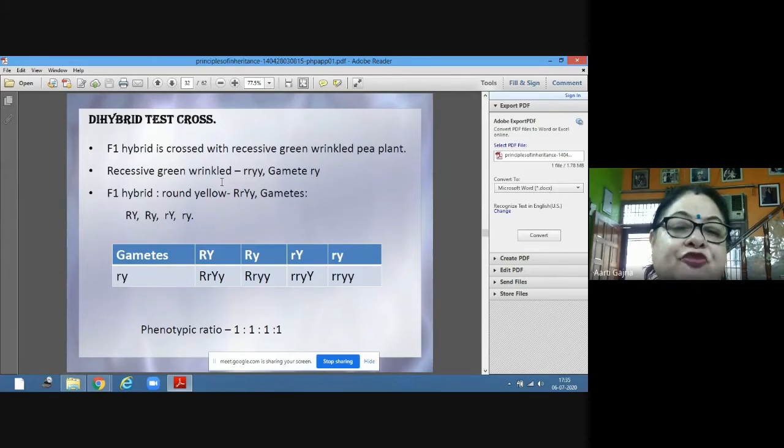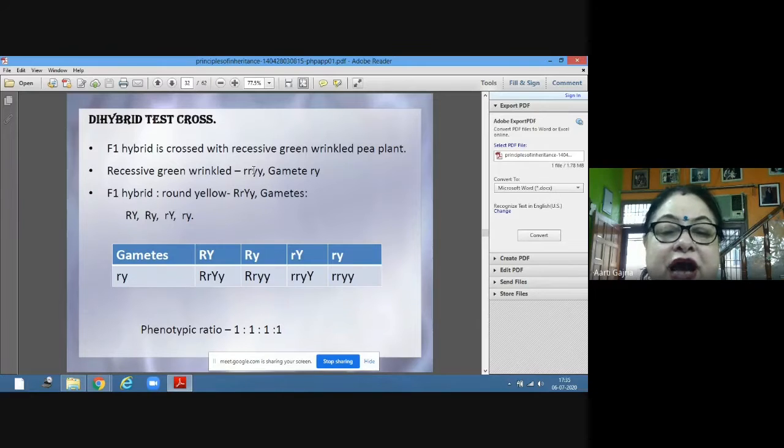Parent genotype would be capital R, capital R, capital Y, capital Y, crossed with small r, small r, small y, small y. These are the recessive green wrinkled seeds.